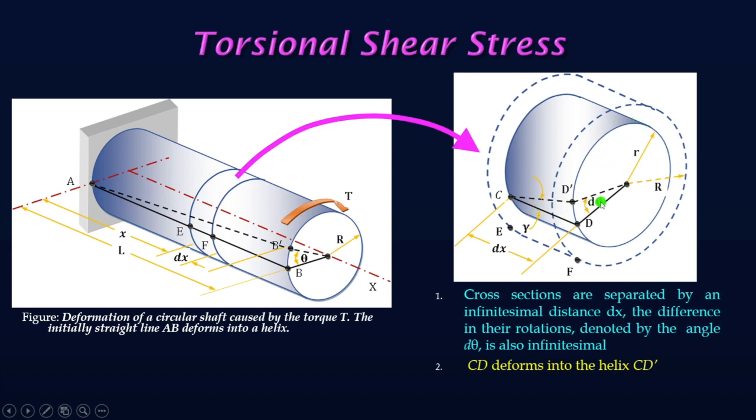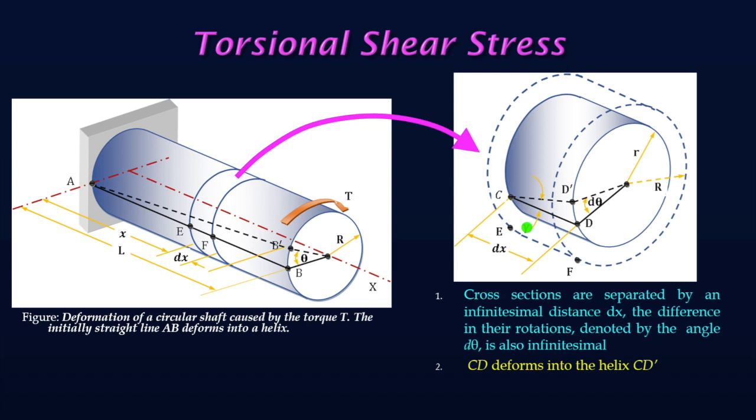And here, as I have told you, D to D dash is a very small angle, so we assume it is a d theta angle, as D and D dash are very close, which is the angular twist. Now, there is also an angular deformation on this surface, denoted by gamma.